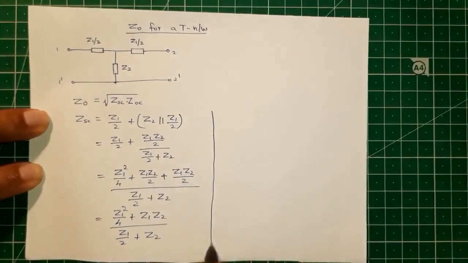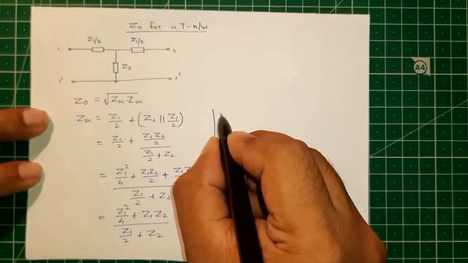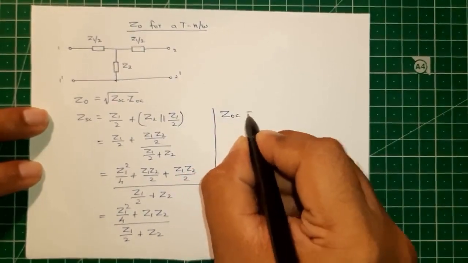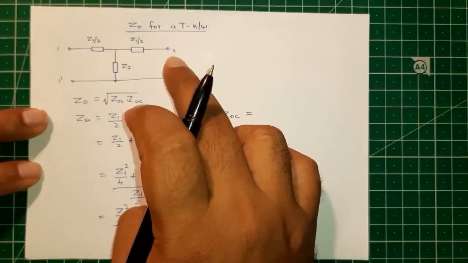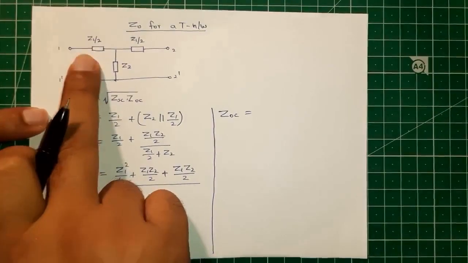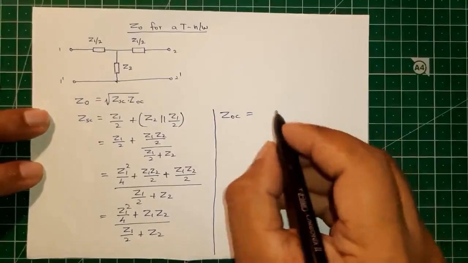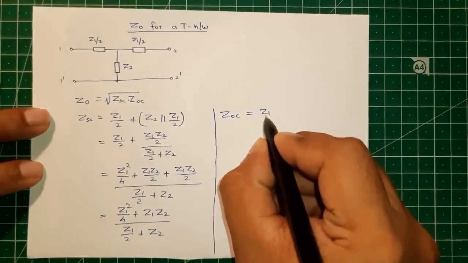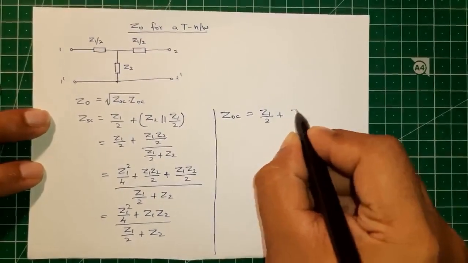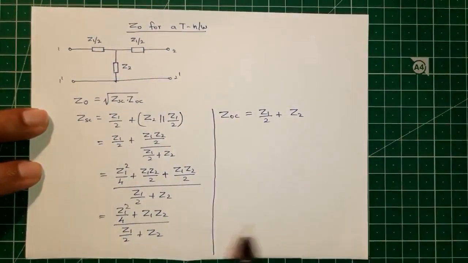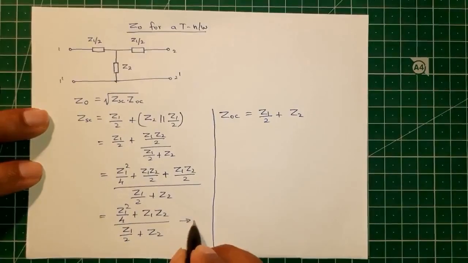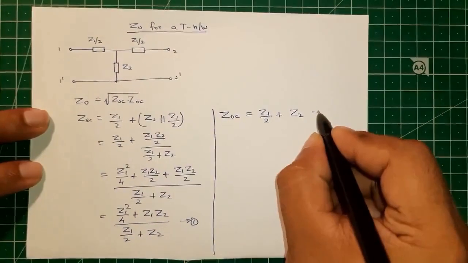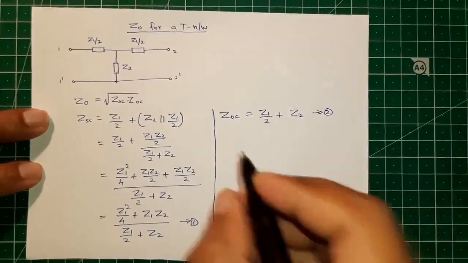We will evaluate the open circuit impedance ZOC. That will be the series combination of this impedance plus this impedance. So ZOC is equal to Z1 by 2 plus Z2. We label this as equation 1 and this as equation 2.